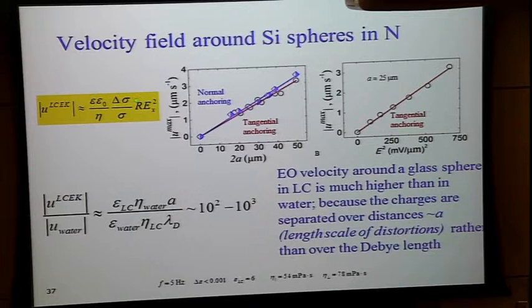It goes linearly as predicted, and you also can see that the effect of this liquid crystal electrokinetics is rather efficient, because if you compare the velocities in this effect to the velocity of linear electrophoresis in the isotropic fluid, you would see that despite the fact that the viscosity of the liquid crystals is typically somewhat higher than the viscosity of the isotropic fluid, you separate the charges by huge distances, on the order of the particle size, which is a few, even tens of micrometers, and in the electric double layers you have separation of charges by only a few nanometers.